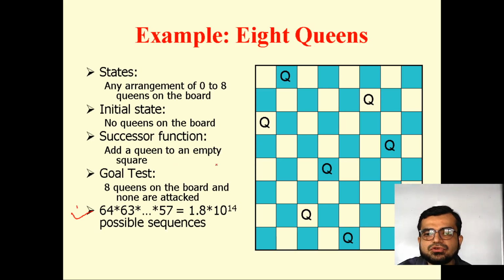Then if 2 queens are placed, 2 locations are reserved, that means 64 minus 2 is 62, so for the third queen, 62 locations are available. So on up to the 8th queen, for which 57 locations are freely available in order to arrange that particular queen. If you multiply all of these, you get the number of possible sequences, which gives this value.